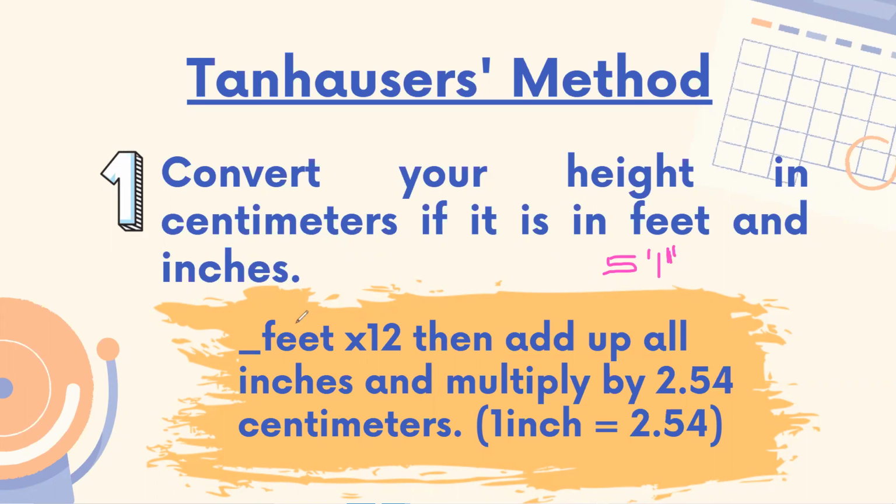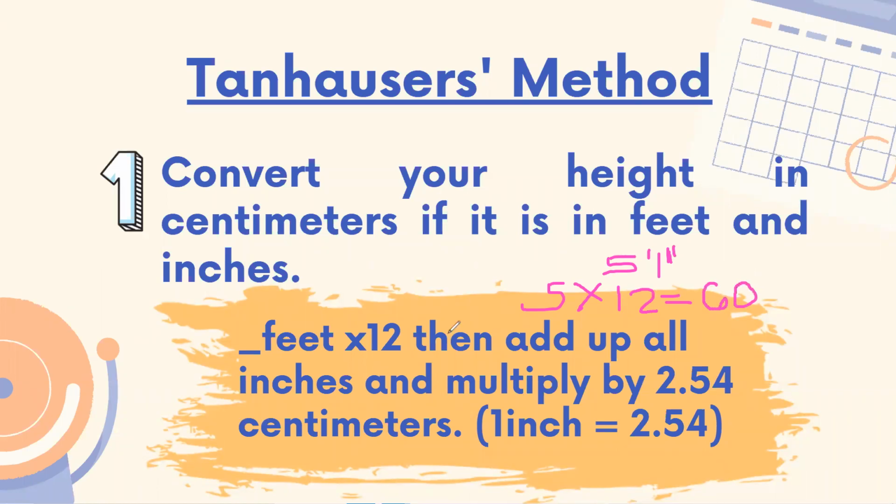Okay. So convert your height into centimeters. So 5 feet times 12, since in every foot, 1 foot, there is 12 inches. So 5 times 12 equals 60.